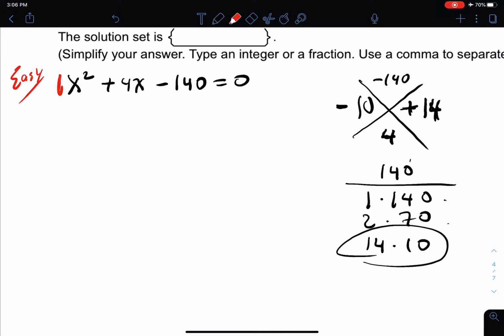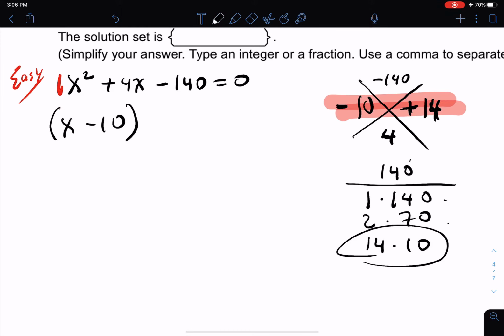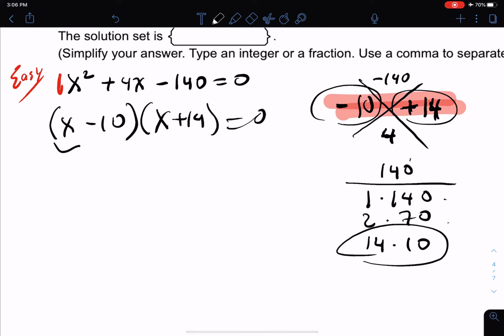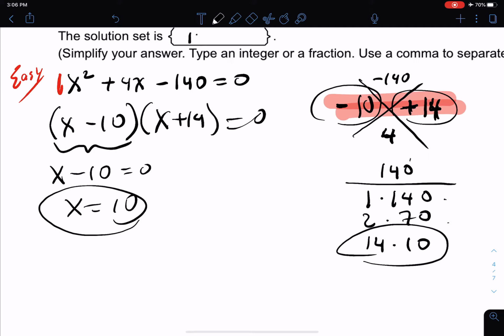Because this is an easy problem, all I have to do is write down the answer. X minus that guy, 10, times the quantity x plus that guy, 14, equals 0. Use the zero factor property. X minus 10 equals 0, so therefore x equals 10. There's one answer, 10.